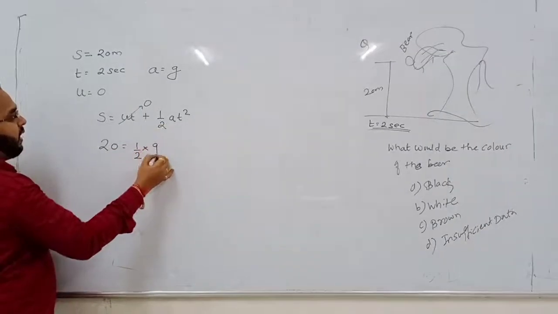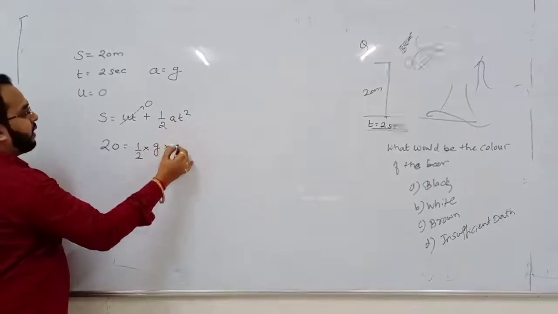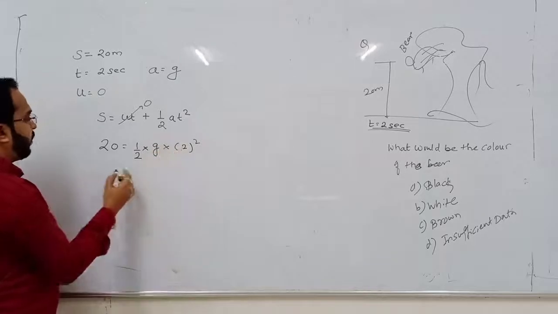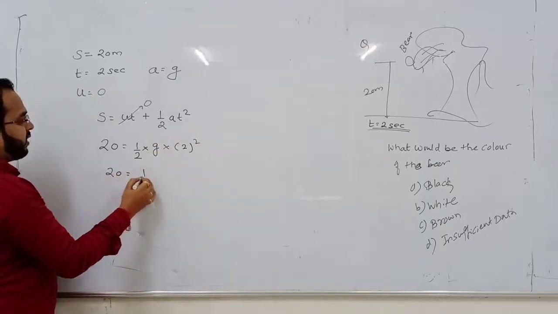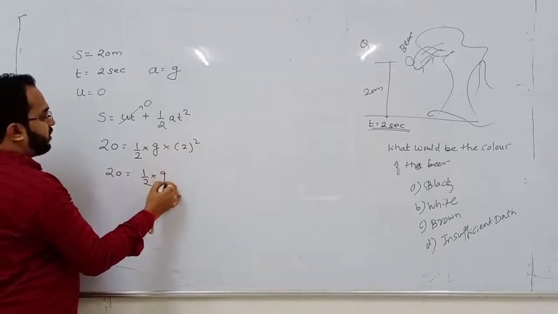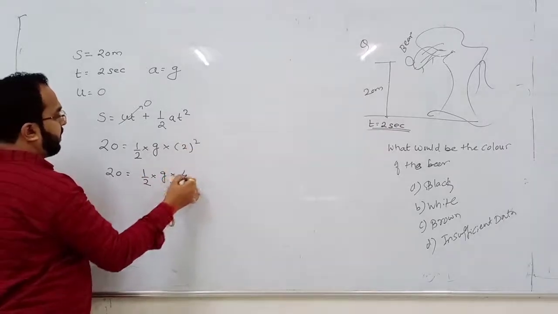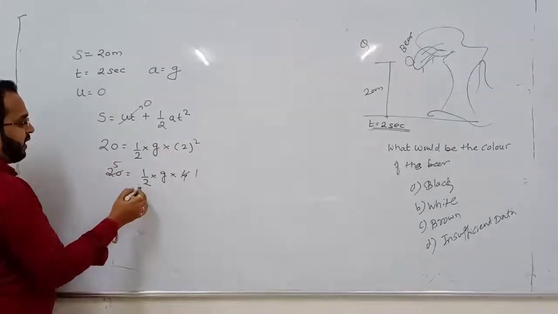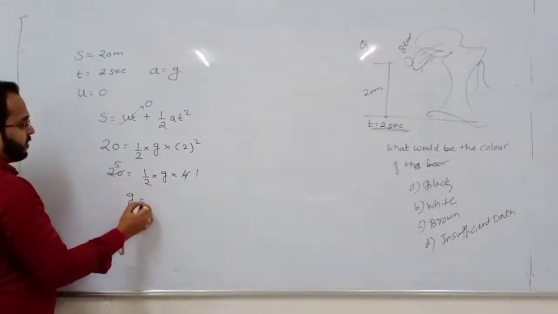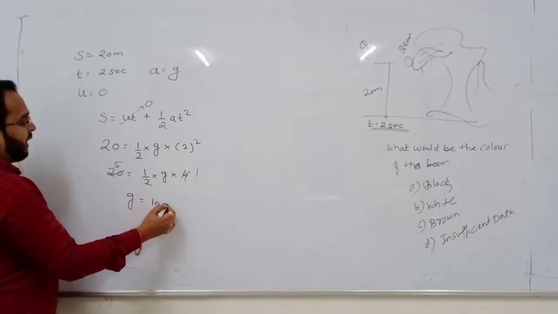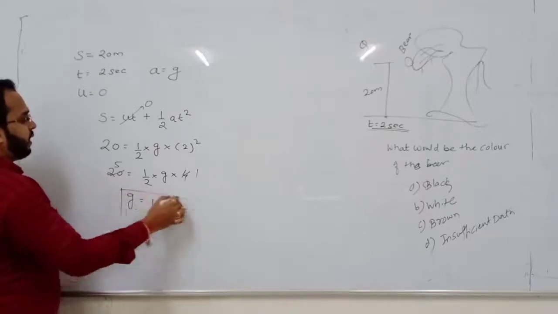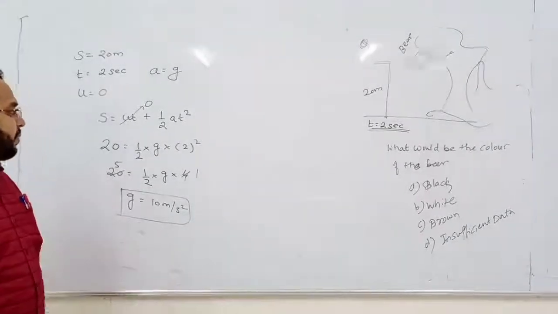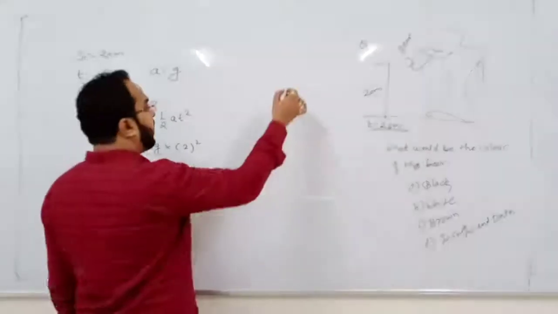Half g t square, म्हणजे 2 square, 2 square is 4, so it will be 20 is equal to half g into 4. 4 ones are 4, 4 fives are 20, g will be 5 into 2, that is 10 meter per second square. Now this is the value of g, 10 meter per second square.